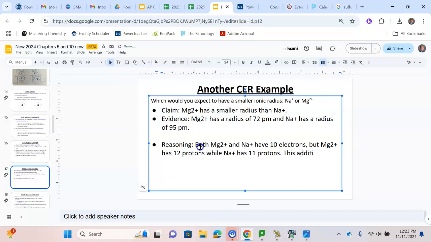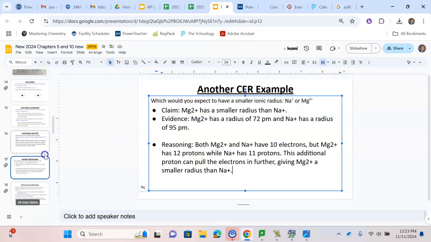That additional proton will pull the electrons in further, giving Mg2+ a smaller radius than Na+.